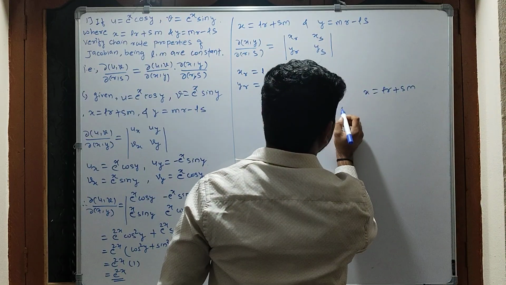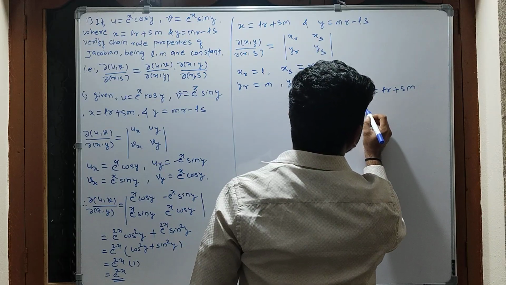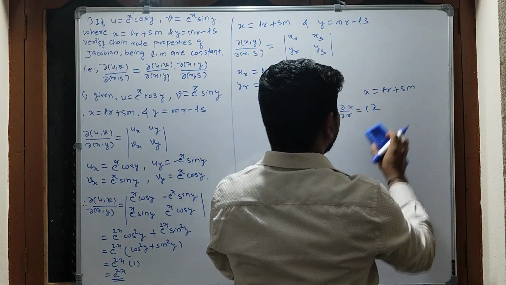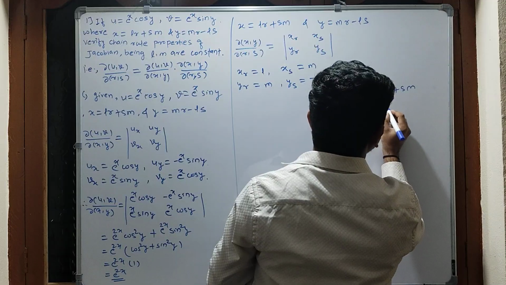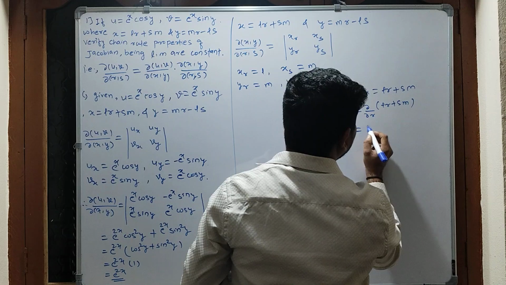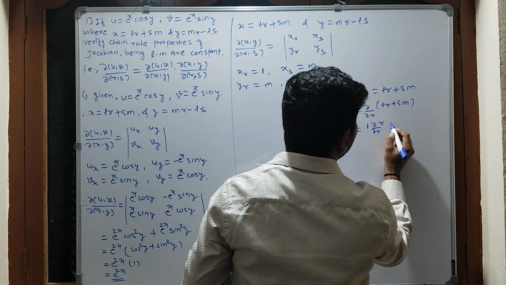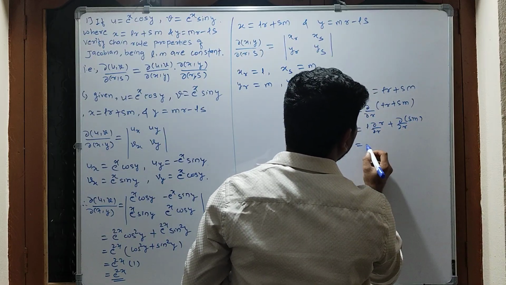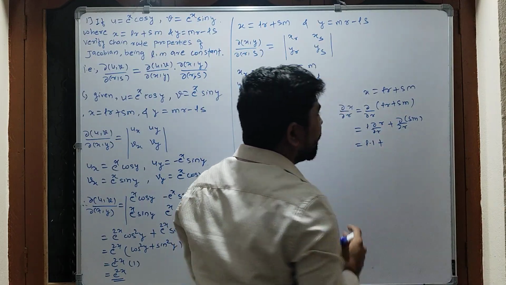The partial derivative of x with respect to r: L is constant, so by the properties of addition, it is L times the partial derivative of r with respect to r, which is 1, plus the partial derivative of Sm with respect to r.